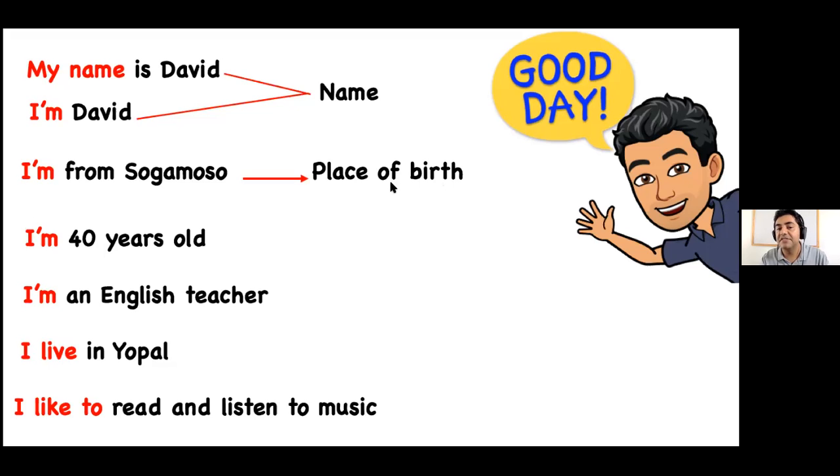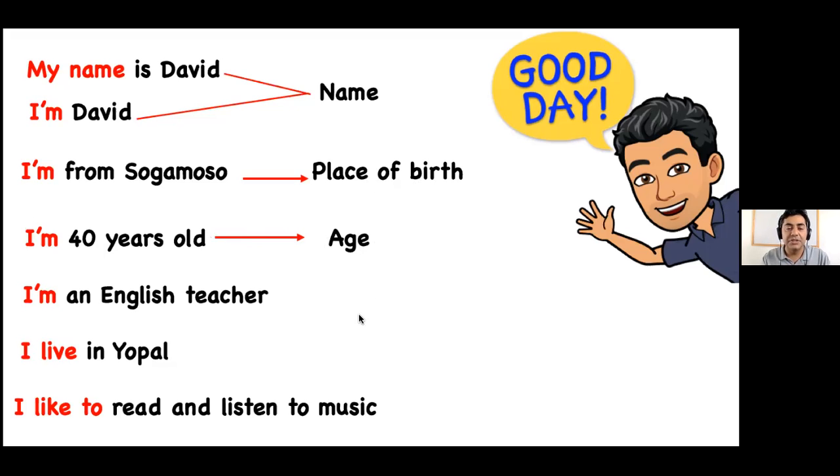So place of birth is lugar de nacimiento, right? Place of birth. I'm 40 years old is for age. Now remember that age means edad. See? So I'm talking about my age when I'm saying I'm 40 years old.